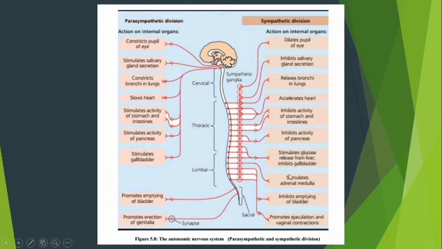Also, it stimulates the adrenal medulla. The parasympathetic division promotes the emptying of the bladder, and the sympathetic division inhibits it. The parasympathetic division promotes erection of genitalia, while the sympathetic division promotes ejaculation and vaginal contractions. So that's a comparison between the parasympathetic and sympathetic divisions, and how they act on our internal organs.